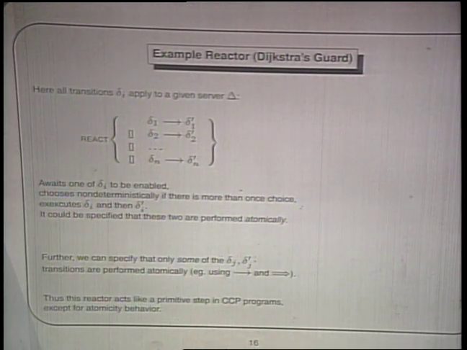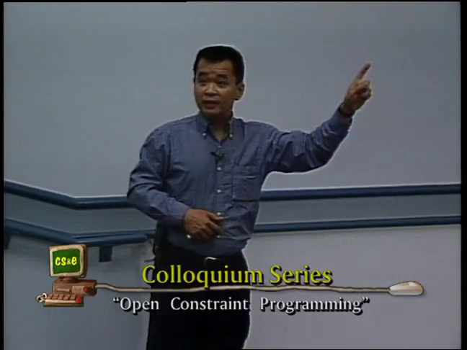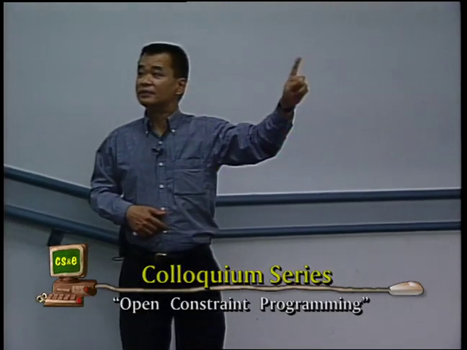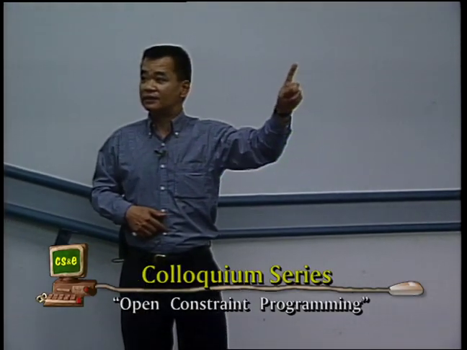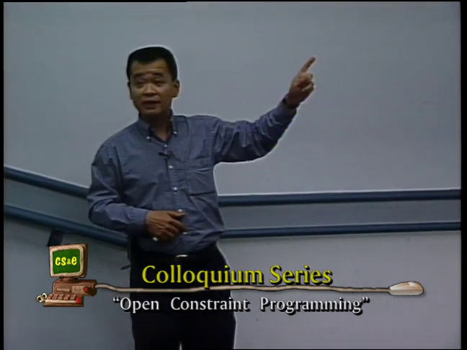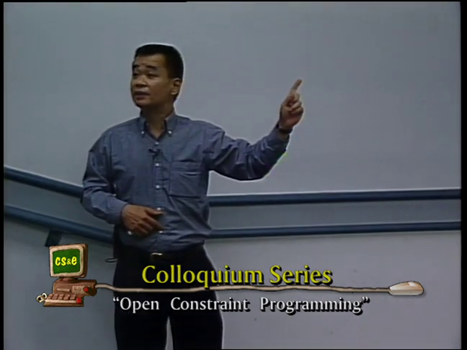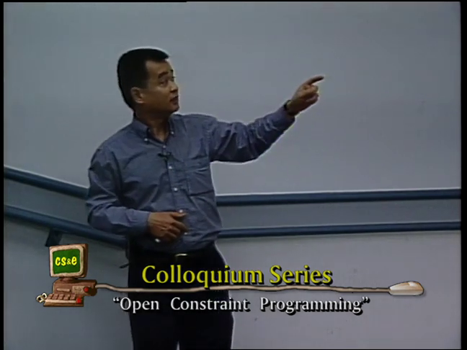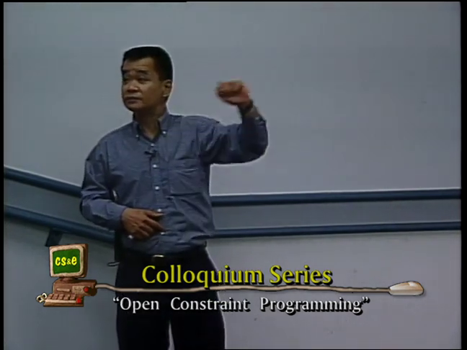This is an important step. Say delta i is chosen, and the corresponding action delta i prime is executed. Once again, just like the previous example, you may want or not want atomicity between the test and the action. Okay? In fact, you may want it atomic in some cases and non-atomic in some other cases. So you might want, for example, to use two different kinds of arrows.